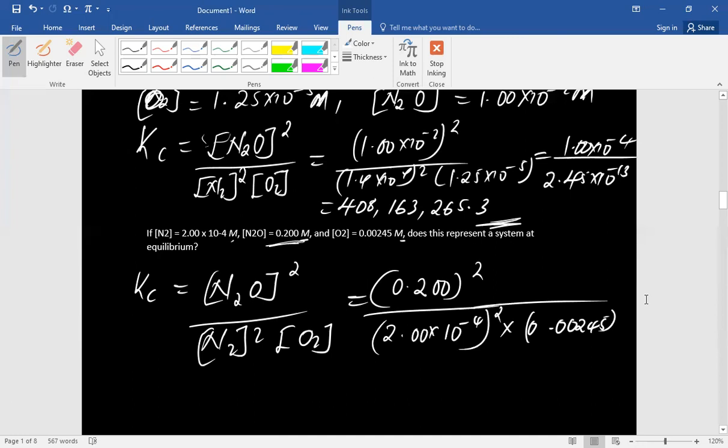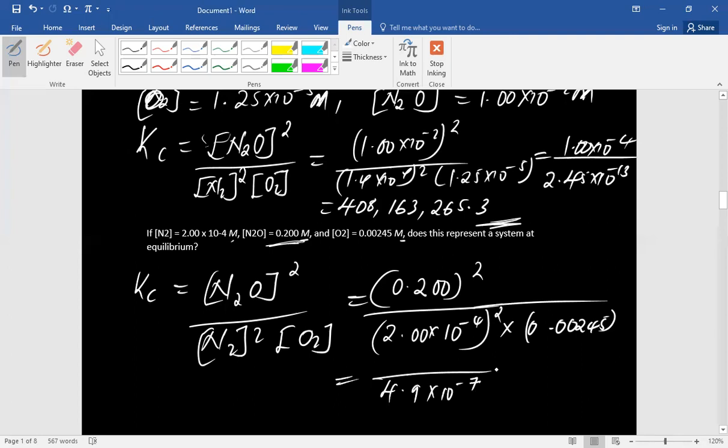So we multiply 2 exponent negative 4 squared by 0.00245, and that is going to be 4.9 times 10 power negative 7.